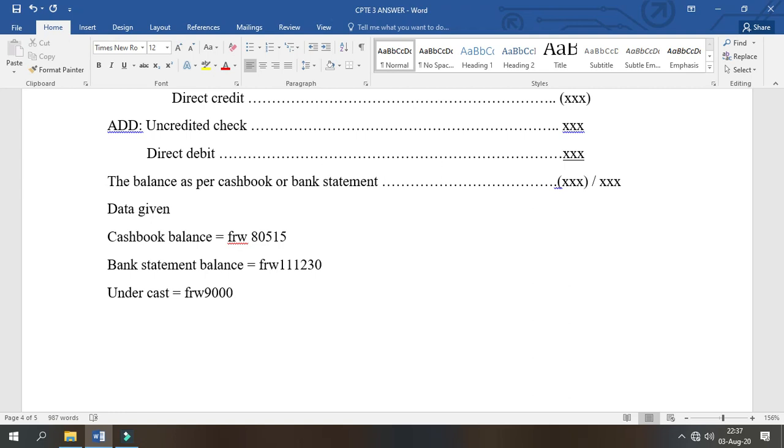We have uncredited cheque equal to 20,535 Rwandan francs.